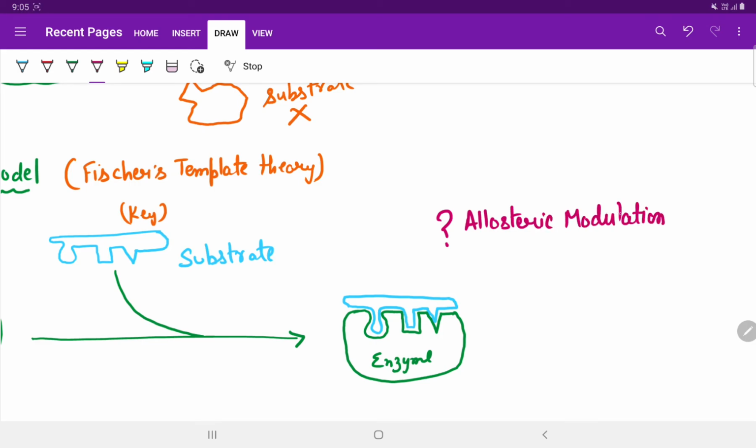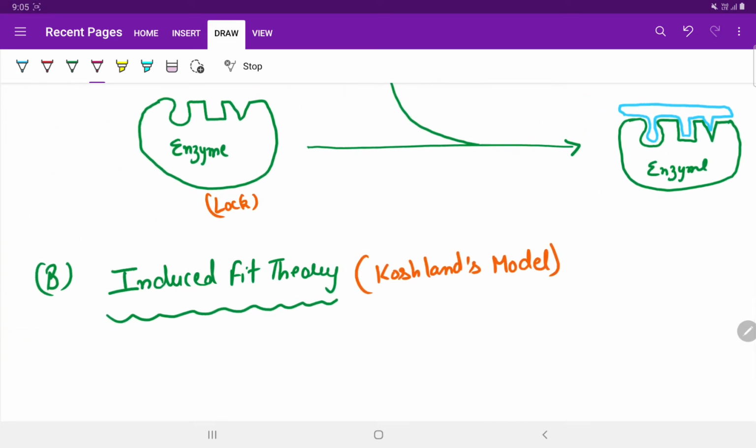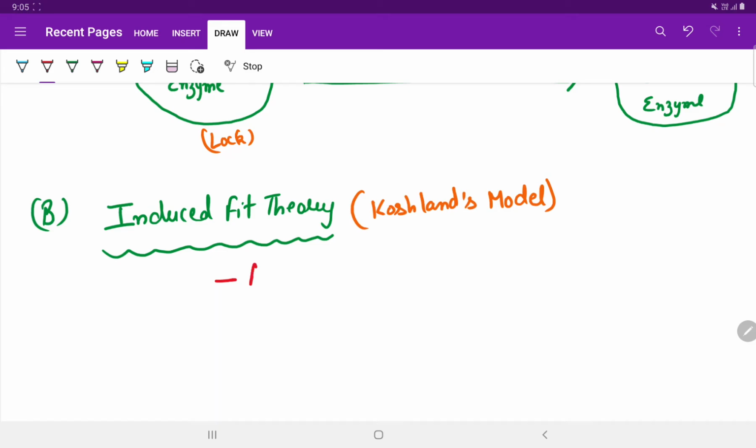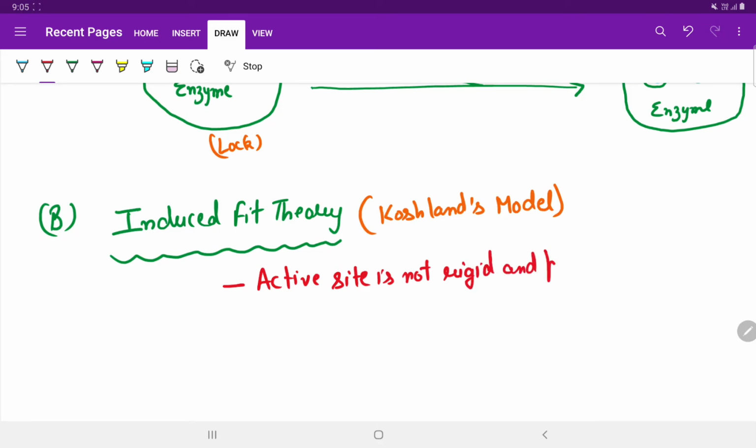So in order to understand that concept clearly, Koshland proposed the induced fit theory in 1958. As per this model, the active site is not rigid and pre-shaped. The essential features of the substrate binding site are present at the nascent active site.